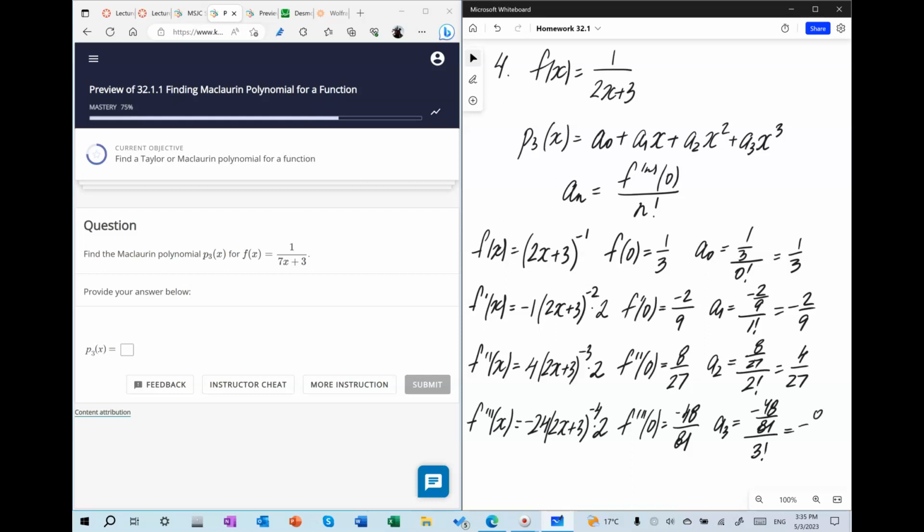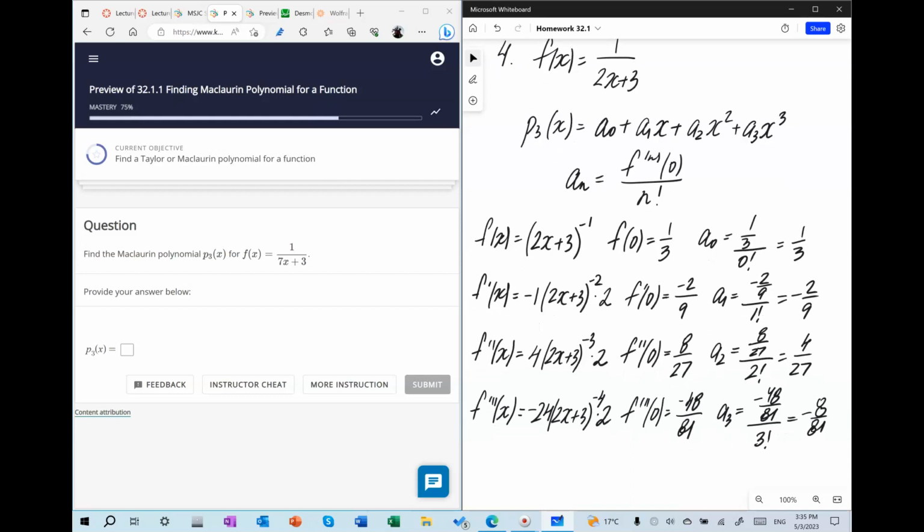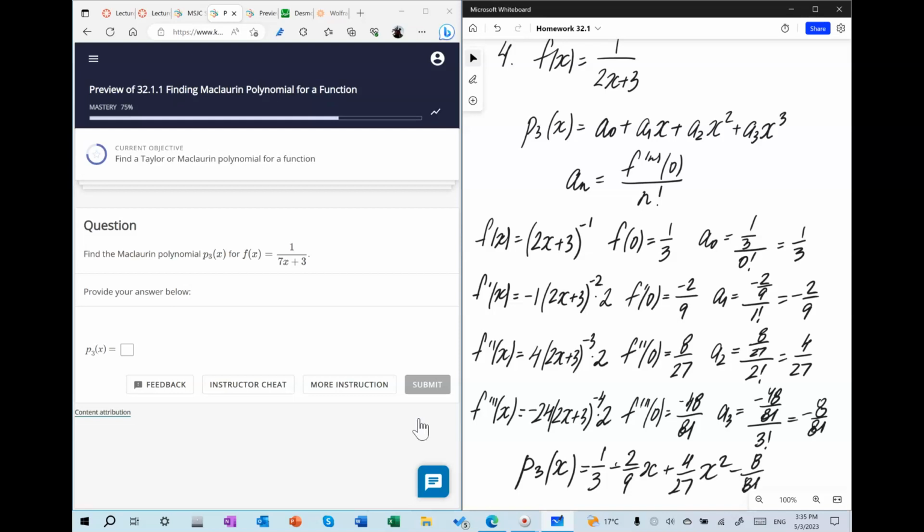We can reduce it: negative 8 over 81. And the polynomial is this: 1/3 minus 2/9 x plus 4 over 27 x squared minus 8 over 81 x cubed.